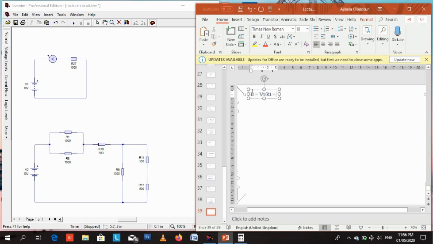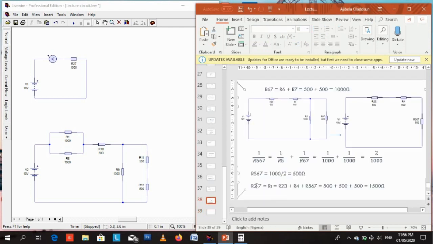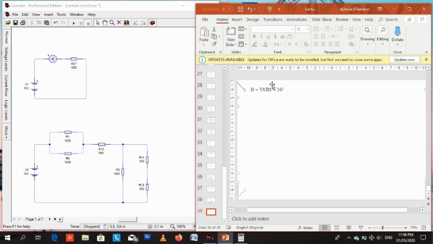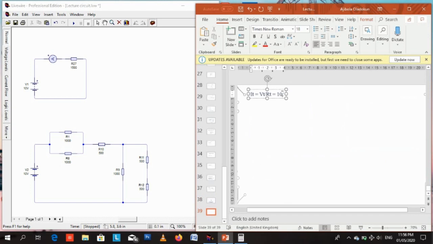So VT is 10 volts. Total voltage is 10 volts. 10 divided by RT. Total resistance is 1,500, which is R27. This is what we got here. We've derived the total resistance here by adding those individual resistors that were in parallel and in series, and we got 1,500. So 10 volts divided by 1,500 ohms.